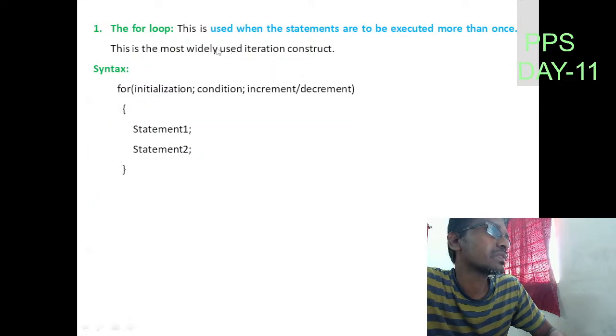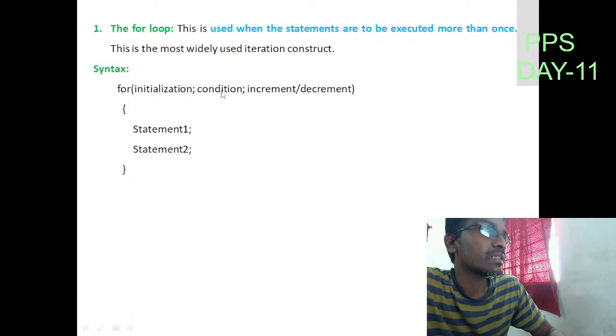So what is a for loop? This is used when the statements are to be executed more than once. If you want to execute statements more than one time, then you have to use these iterative statements or loop control statements. Here is the syntax of writing a for loop: for is a keyword followed by initialization, terminated by a semicolon, then the condition, terminated by a semicolon, and then increment or decrement.